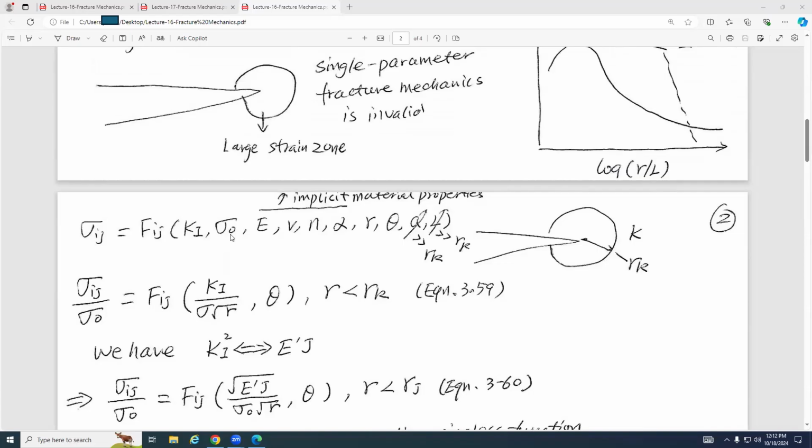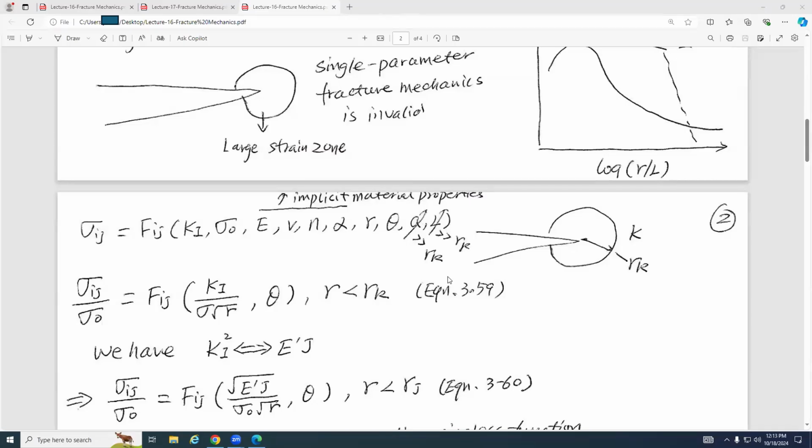E is Young's modulus, nu is Poisson ratio, n is the hardening exponent, alpha is a dimensionless factor, and R is the distance of the point of interest to your crack tip, and theta is the orientation from the crack tip to the point of interest. A is the crack length, and L is the characteristic size of the specimen, usually the length of the ligament.